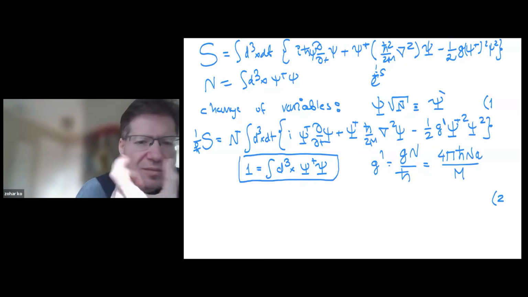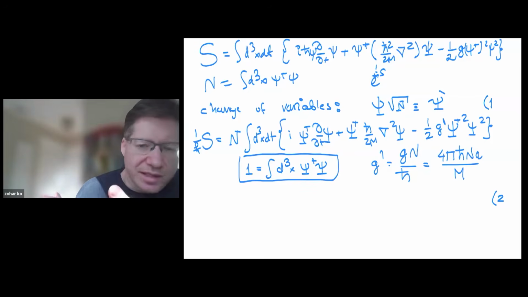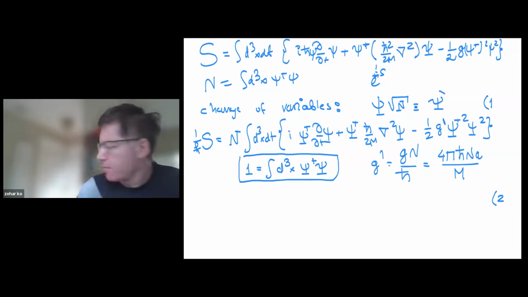So that's a parameter. The idea is that we should be able to remove it in the same way as we removed the number of particles. So the second step is to normalize the wave function and the coordinates in such a way that the volume of space becomes a dimensionless parameter. That would help us understand the physics a little more cleanly.